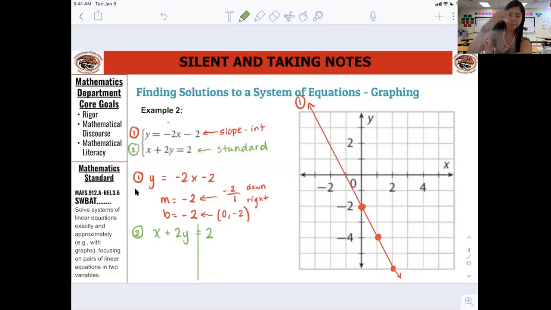Subtract. Good, we're going to subtract. Minus x and minus x. So I have 2y equals, how should I write that? Negative x plus 2. Good. And my last step to get y all by itself is? Divided by 2. Everything gets divided by 2.